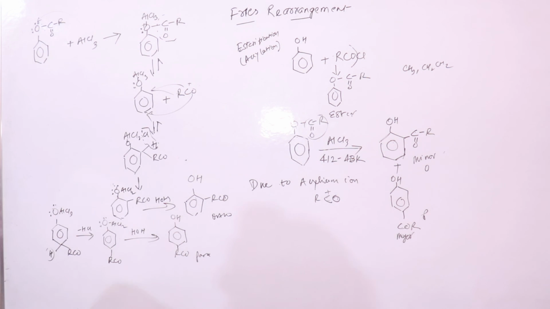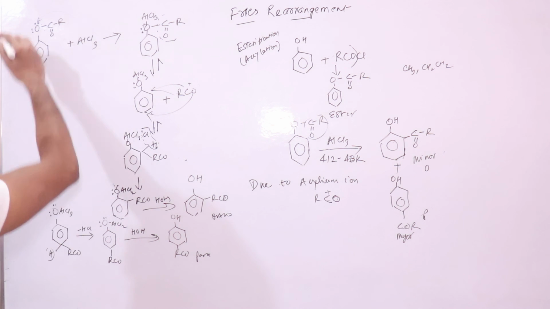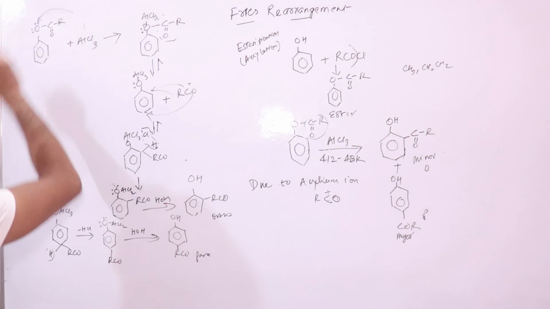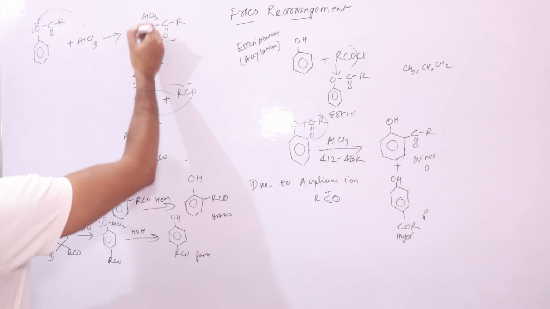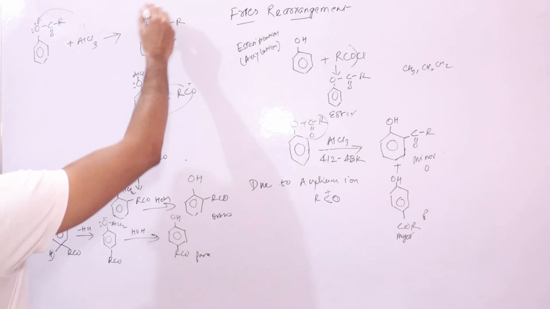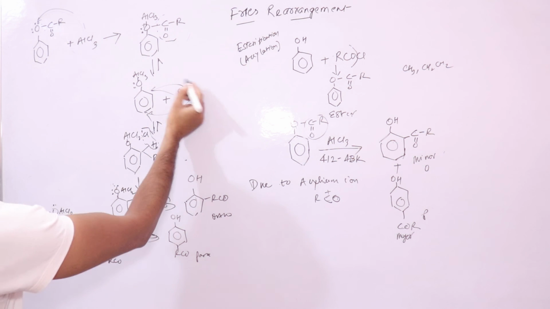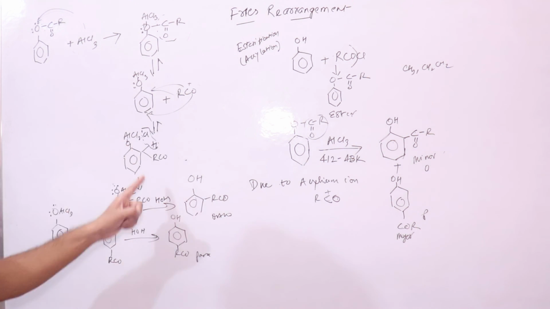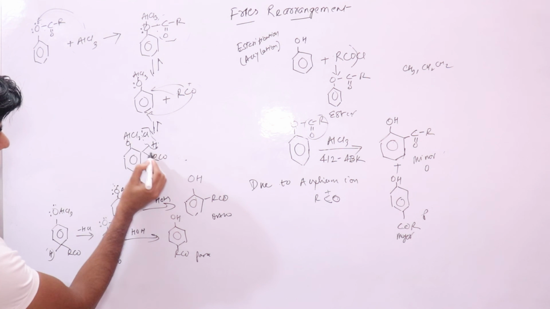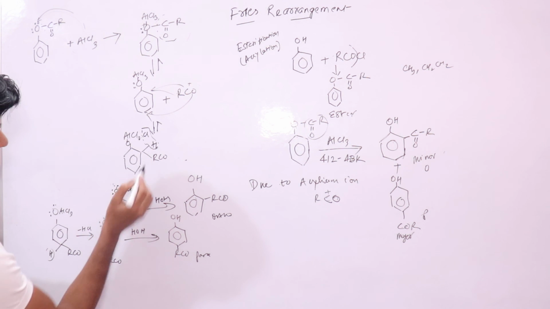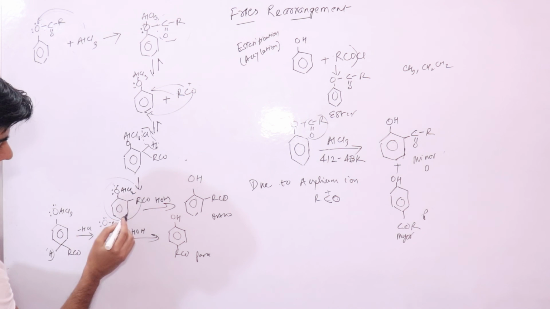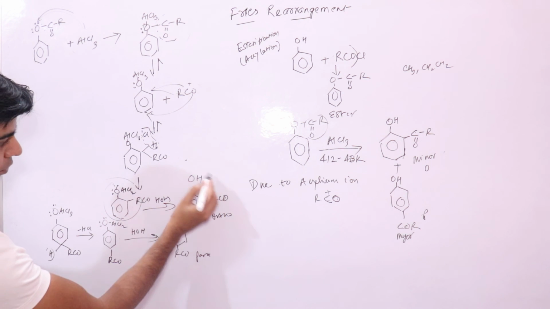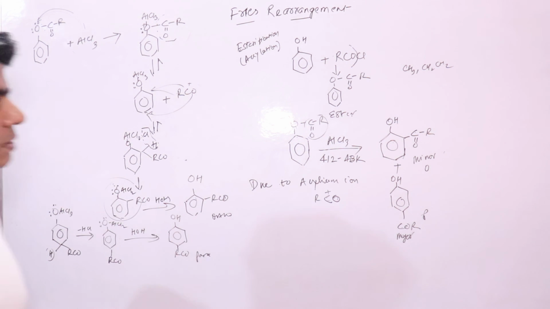In the probable mechanism, aluminium chloride associates here and forms this complex compound, which loses this acyl group. This acyl group then attacks at the ortho and para positions, and HCl is removed. Now this is formed, which on hydrolysis will give you this product. I hope this is clear. Thanks.